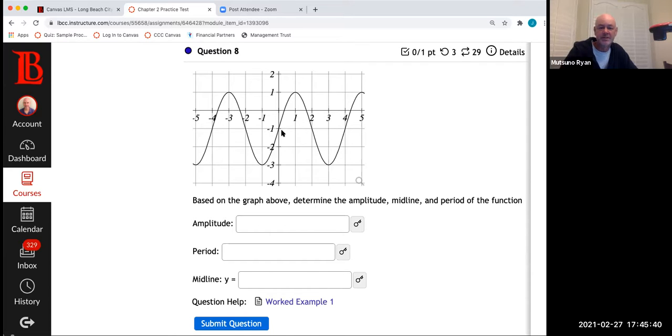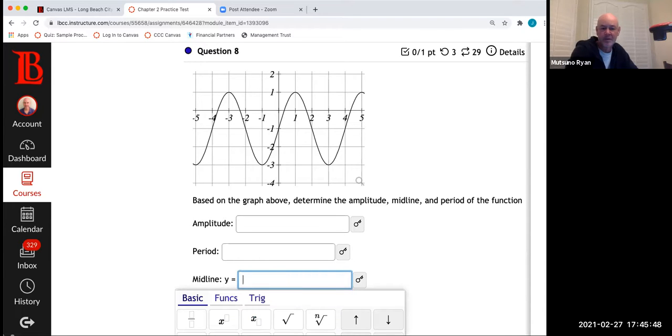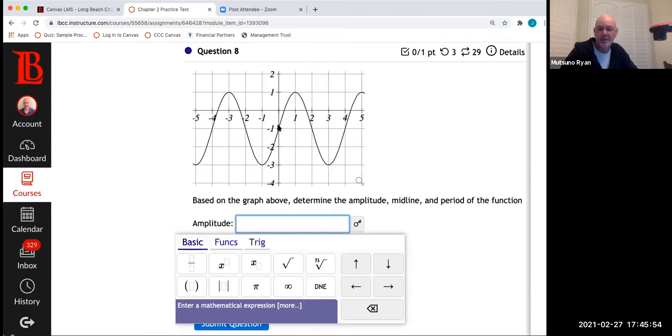So it's looking to me that we have a midline that's not 0. Our midline is actually here at -1. Let's talk amplitude. So from the starting point, I'm going up 2, and I'm going down 2. That tells me that the amplitude is 2.